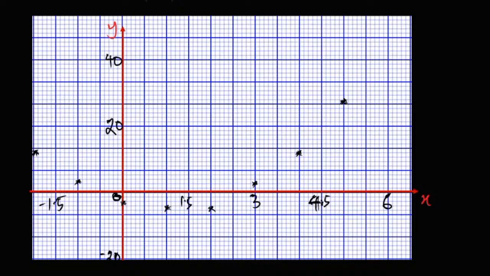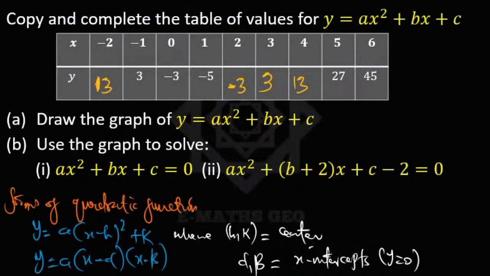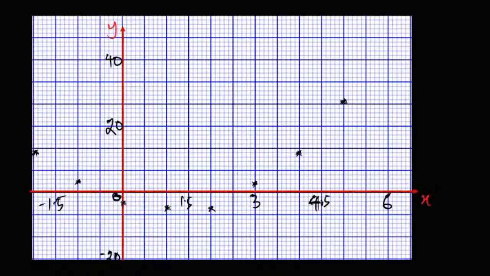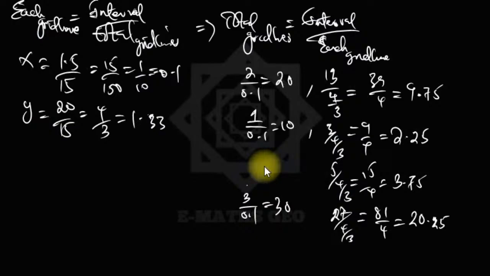So the next one is 45 and 6. So let's check. 45 over 4 over 3. So this is 5 carry 1, 135 over 4, and 3 in 15, 3.